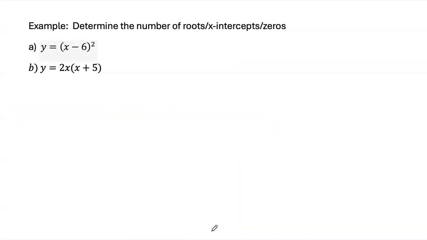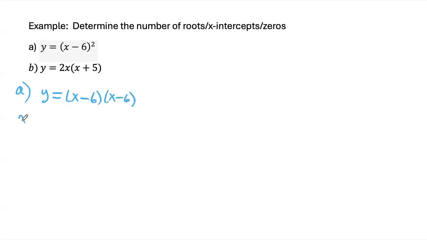Next, we're going to do 2 examples where the equations are written in factored form. And this is probably the easiest way to tell how many x-intercepts you have. After all, the factored form was designed to easily get that information. So I'm going to look at the first equation as 2 copies of x minus 6.